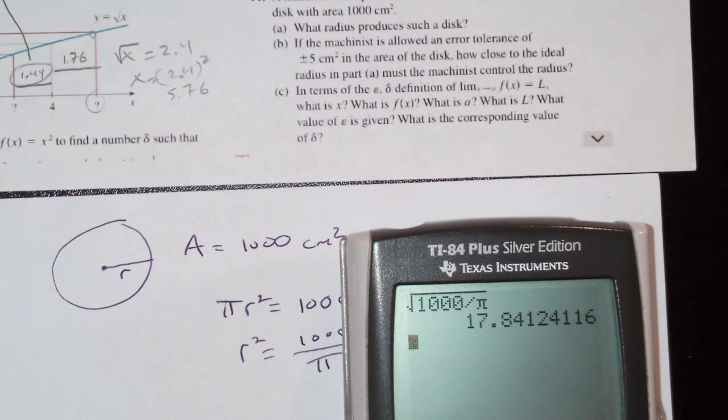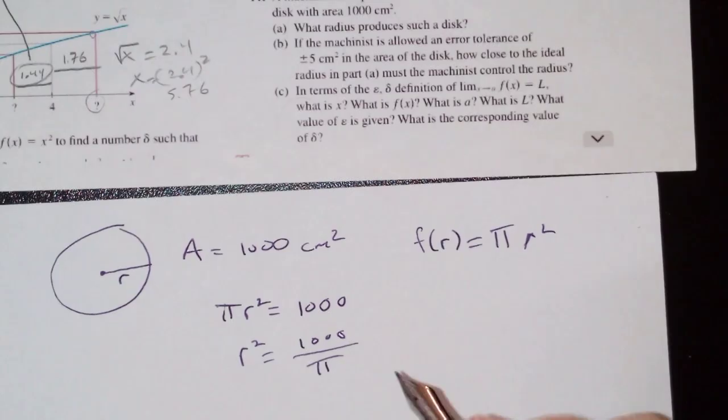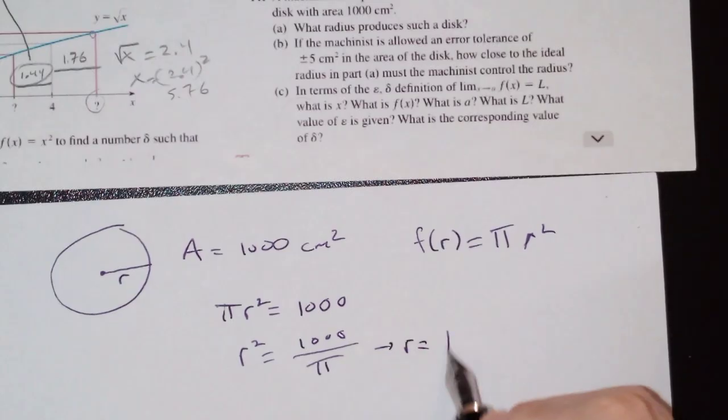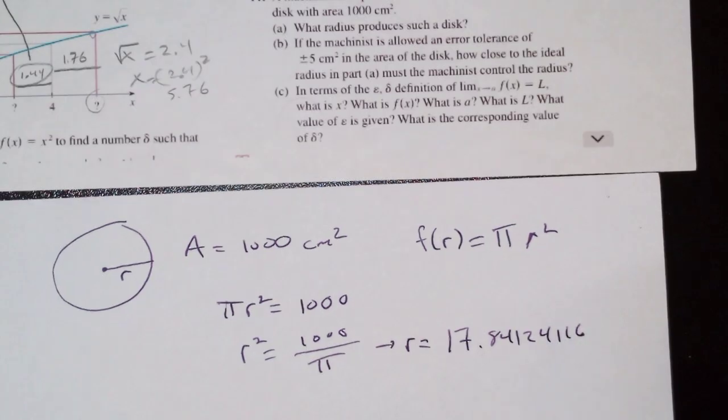I'm going to write all of the decimal places I have down. Now, if I am perfect, I set this radius, I cut my circle, and I get exactly 1,000 square centimeters.